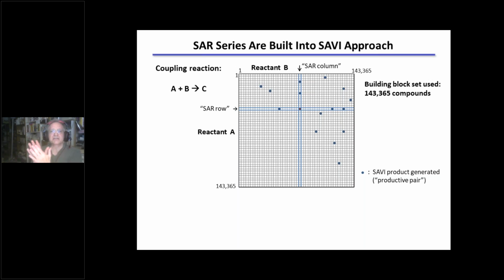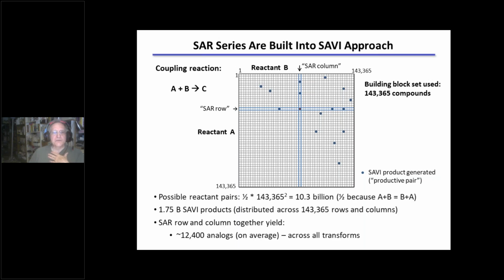And in reality, it's a 3-dimensional matrix because we have 53 transforms, but you can even project it on 2 dimensions. It's easier to visualize, and the math is not that wrong. So if you do the math, you will see that for each molecule, like the one in the center here, you have on average 12,000 analogs. So this is cool, right?